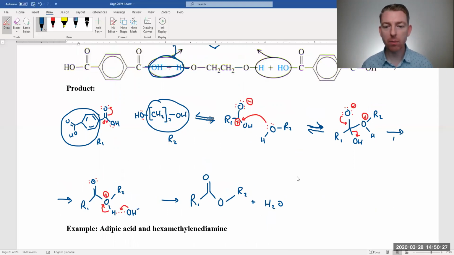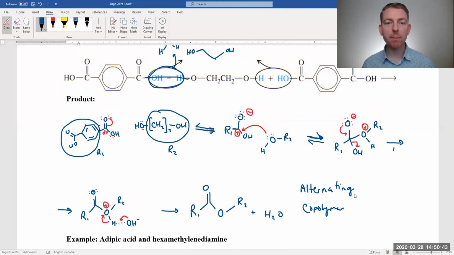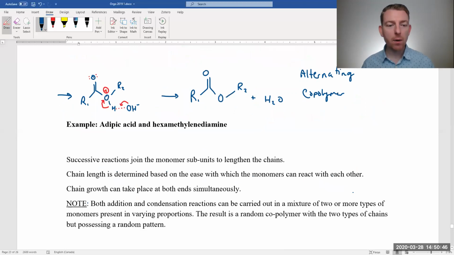So you would see this would be an alternating copolymer for one thing. Copolymer. And that polymerizes by condensation or by step polymerization. Okay.